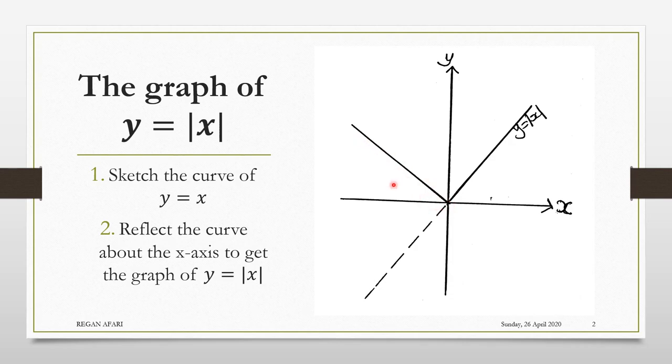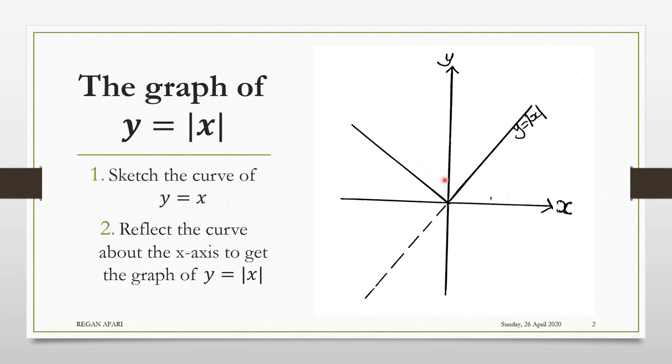And then you get this V-shaped curve. That is the curve for y is equal to the absolute value of x. That is how we sketch the curve y is equal to absolute value of x.